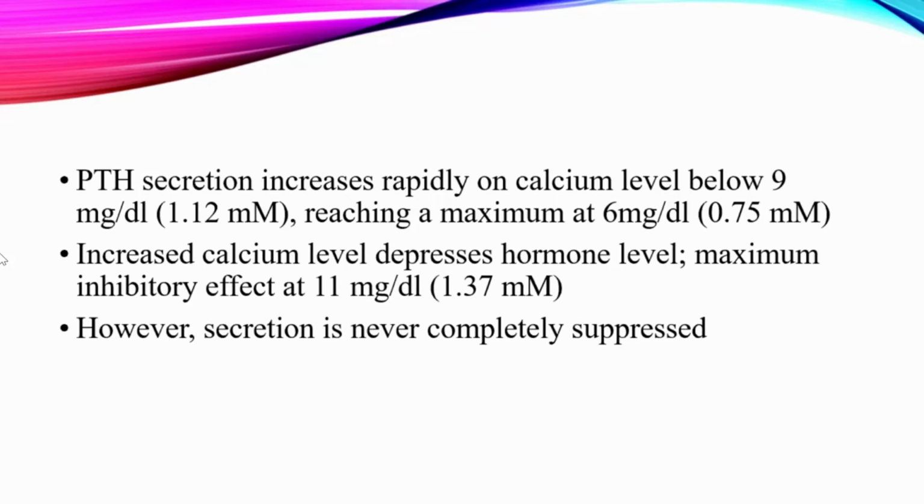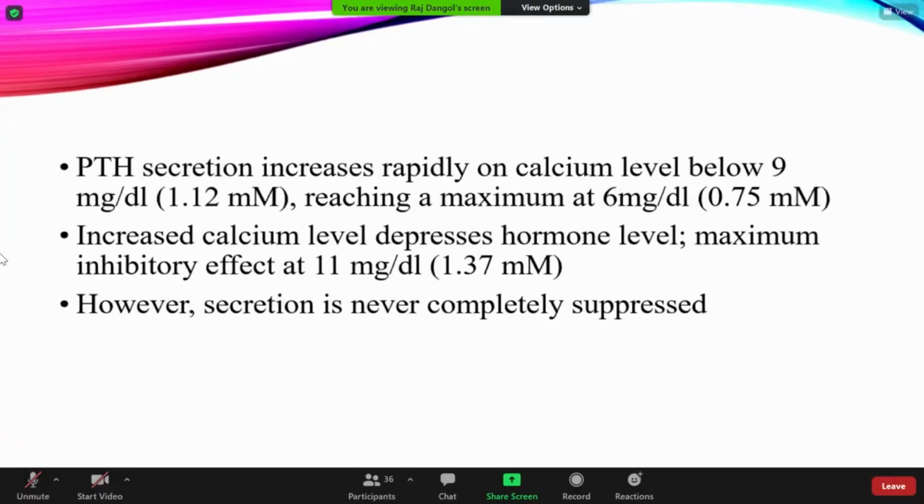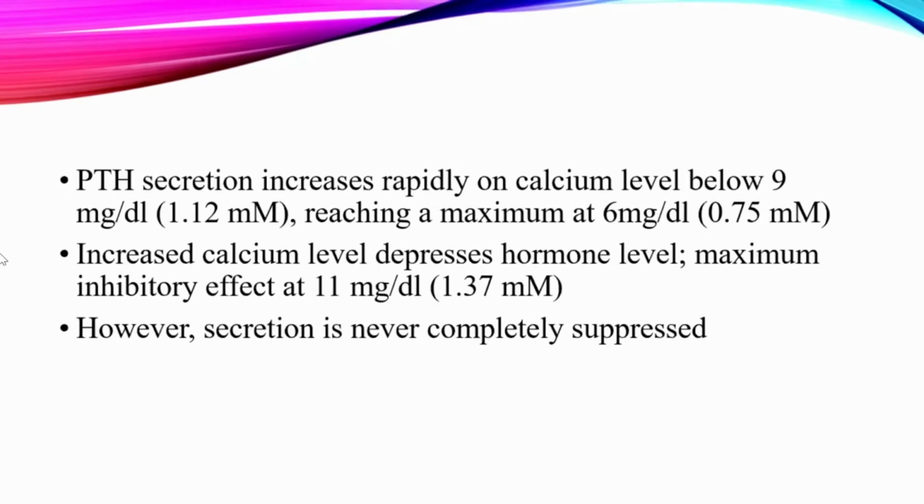In serum, calcium is present in three forms: 50% of the total calcium is ionized, 40% is bound with albumin, and the remaining 10% is bound with other molecules, such as phosphates and other compounds.